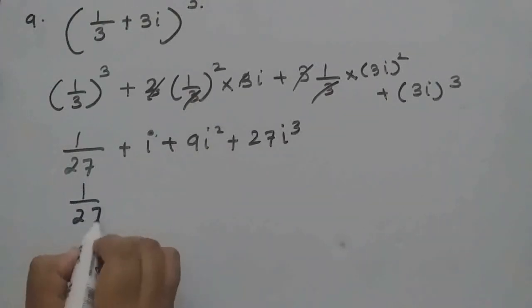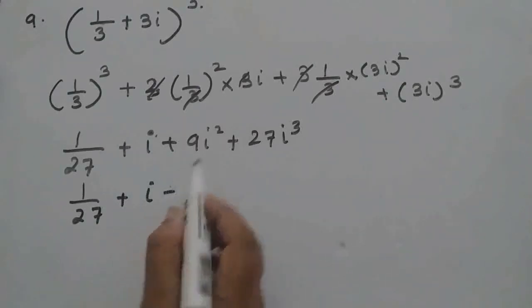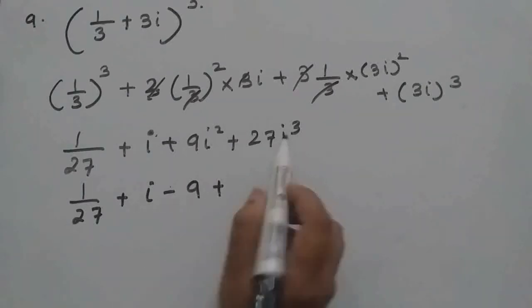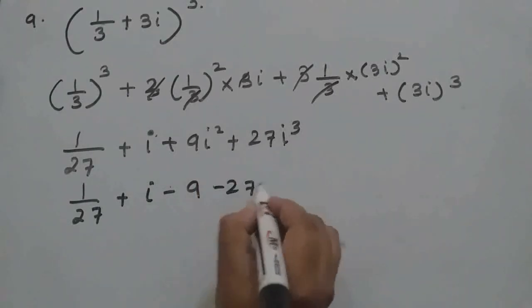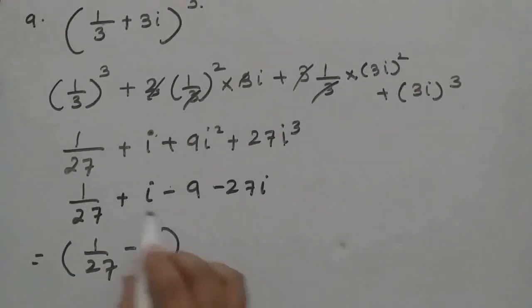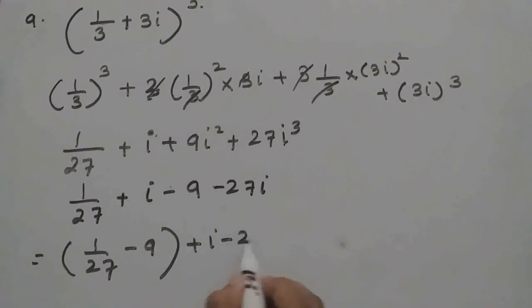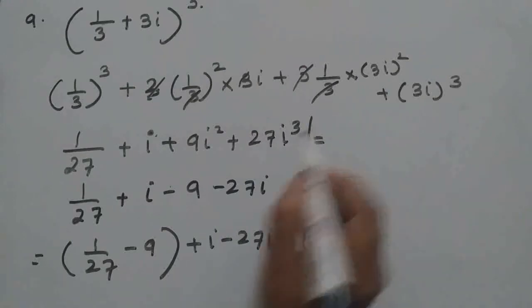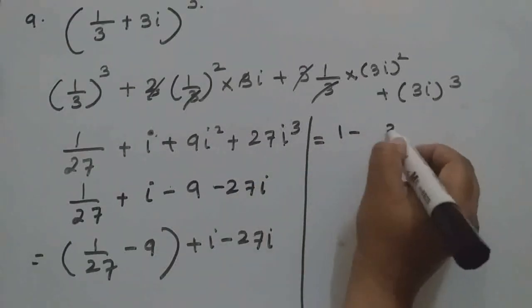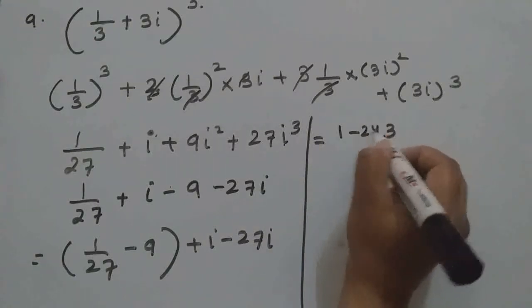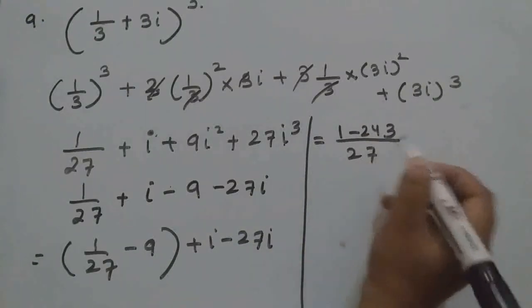So 1 by 27 plus i square is minus 1, so minus 9. i cube is minus i, so minus 27i. So now real part we will separate, and here, okay, so this we can cross multiply. 243 divided by 27.